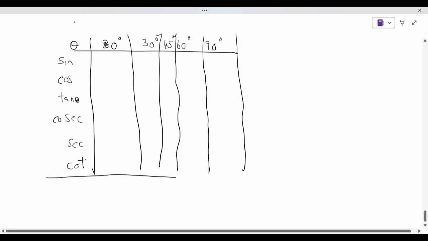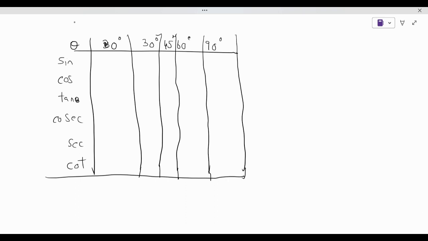In order to memorize these values, you need to remember only one line and derive the rest from it. If you first draw a tabular column like this, you can memorize it using a single row of values. If you memorize this one row, the rest can be derived.